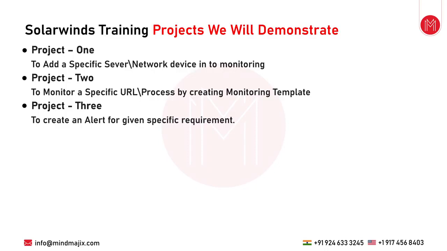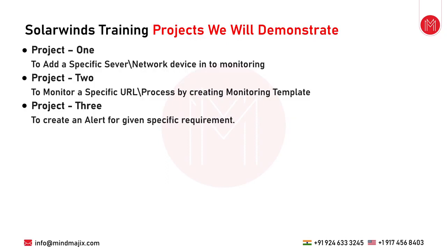In the course, we will show you a demonstration of how to add a particular URL by creating a monitoring template. Say, a URL like SBI, or we'll create some customized URL and give it to you, so that whenever the URL is not responsive, or the response time is huge, or the URL returns a 404, 403, or 503 error, it should be able to detect that.